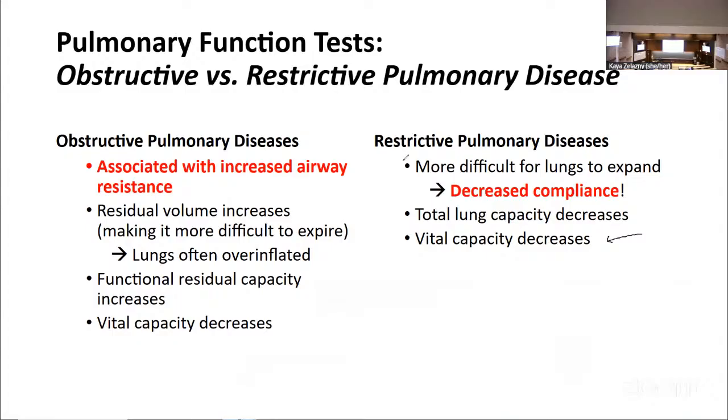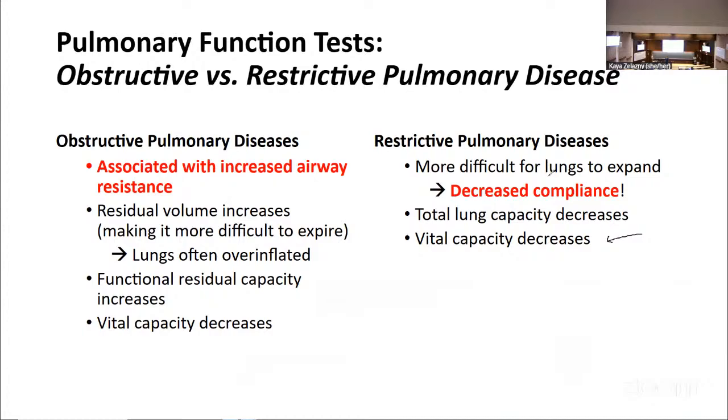So this is the piece that annoys me about their naming, because the restrictive pulmonary diseases aren't about resistance, even though this word restrictive looks similar. We're thinking about the size of the lung is what's being restricted in a restrictive pulmonary disease. So you're thinking along with, for example, lots of scar tissue on it.